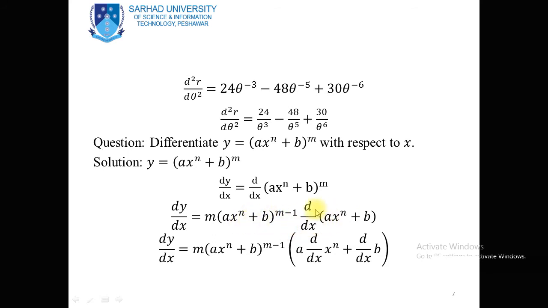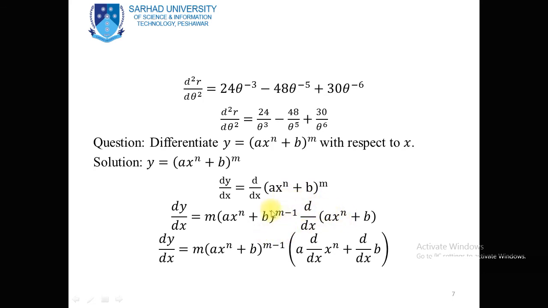Now apply the derivative, take the derivative of the base. The derivative of the base with respect to x is a times the derivative of x power n with respect to x plus the derivative of the b term with respect to x. When x has double powers, like a x power n plus b, first apply the power rule to the whole power, and then take the further derivative of the base and apply the power rule to the base.